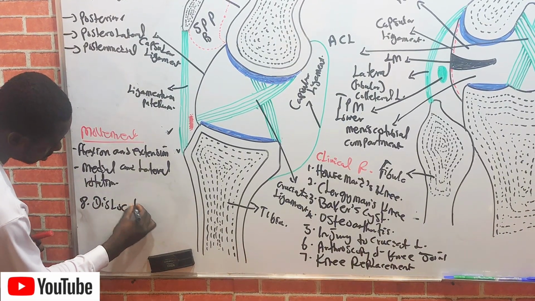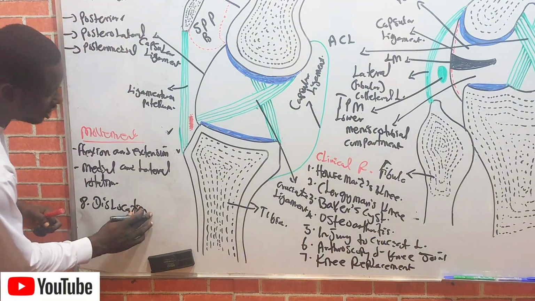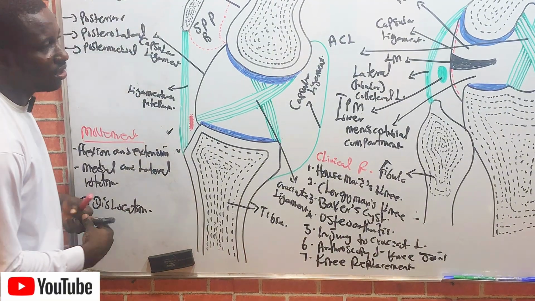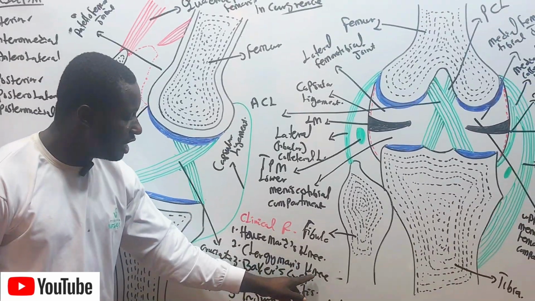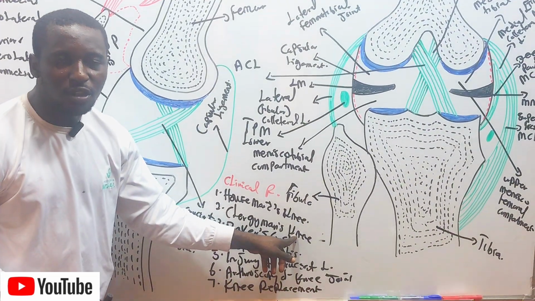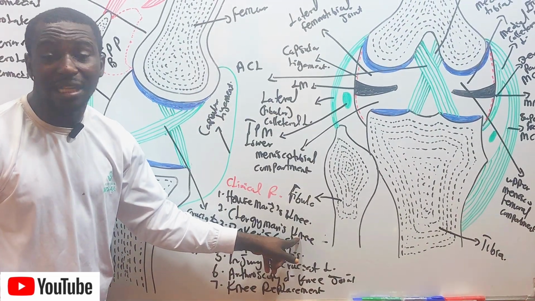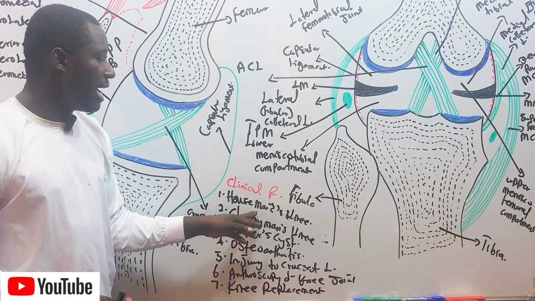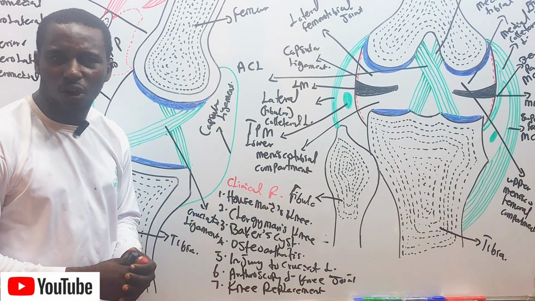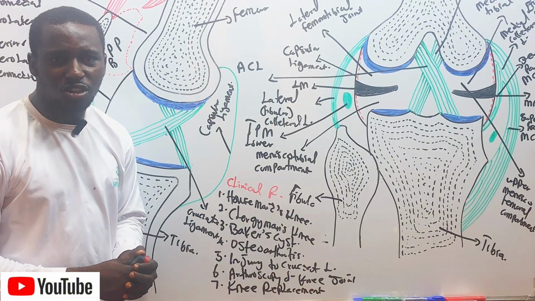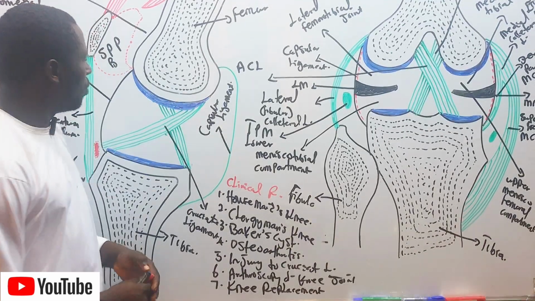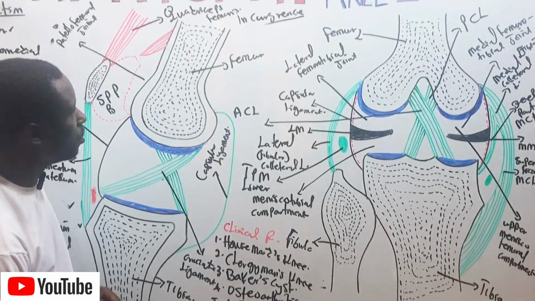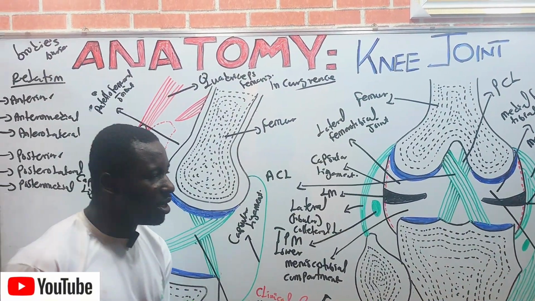Recall that clergyman's knee can be called subcutaneous infrapatellar bursitis, while housemaid's knee can be called subcutaneous suprapatellar bursitis. So I believe we have done justice to the knee joint, ranging from its introduction to the clinical relevance.